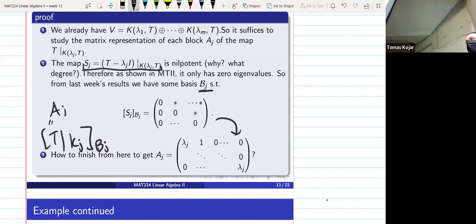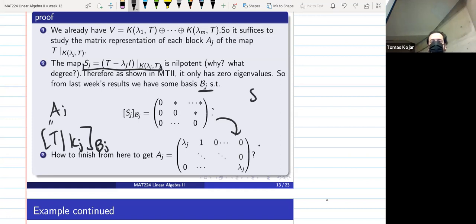It's one step, it's not really hard. How do I go from here to here? All right, fine.